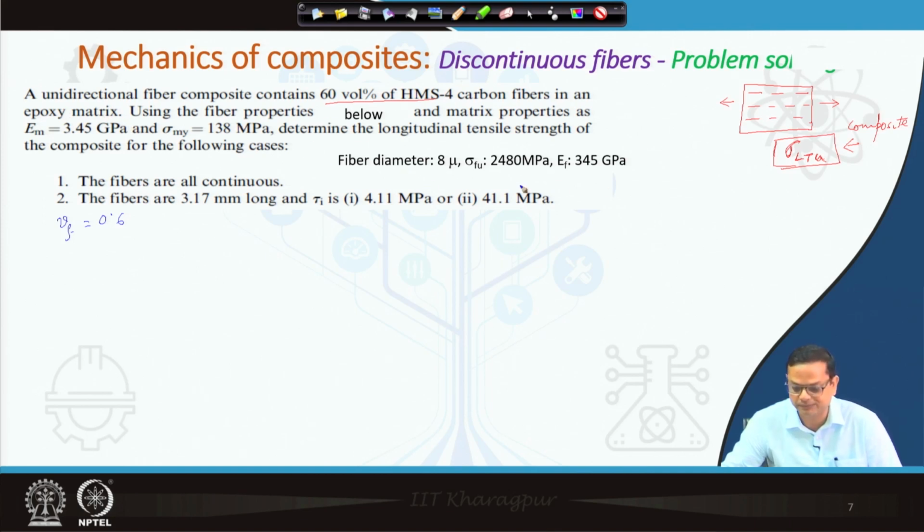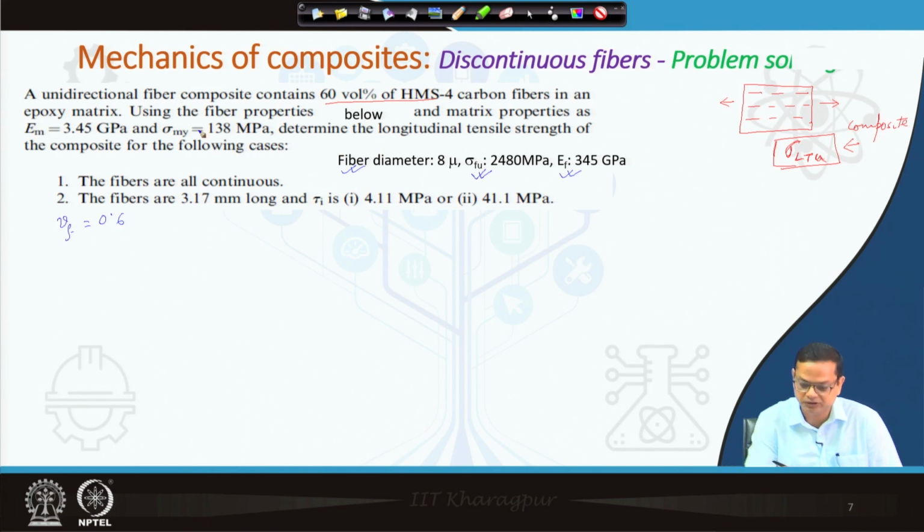Fiber diameter has been mentioned, then the tensile strength of the fiber and the modulus of the fiber. Matrix properties have also been given here. Determine the longitudinal tensile strength of the composite for the following cases.